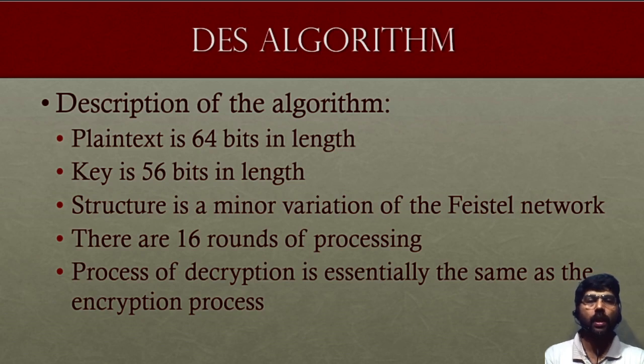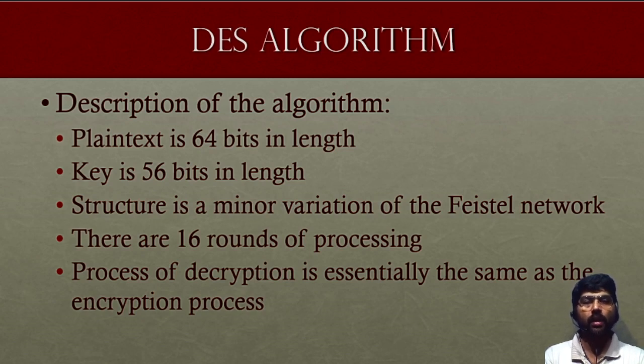The process of decryption with DES is essentially the same as the encryption technique. Encryption and decryption use the same algorithm, but the decryption algorithm uses the ciphertext as the input and uses the subkeys Ki in reverse order.